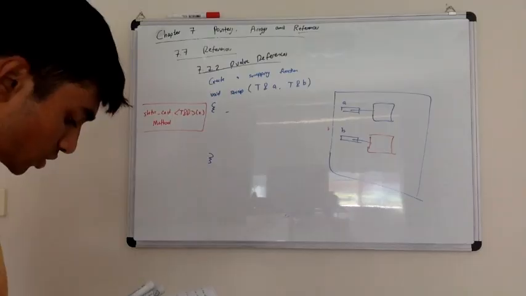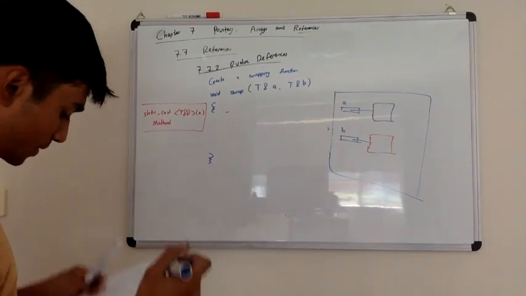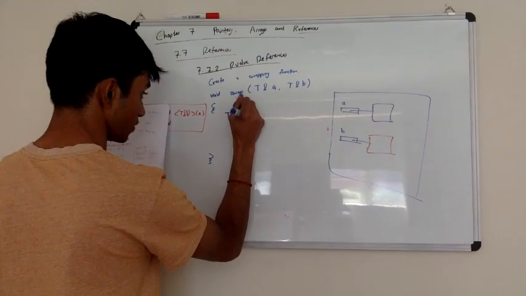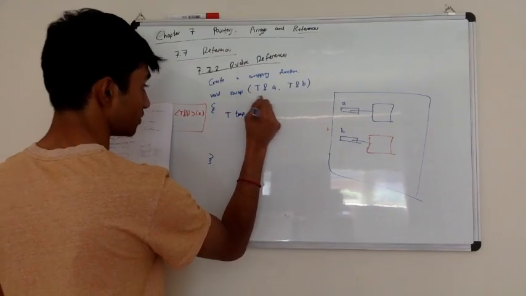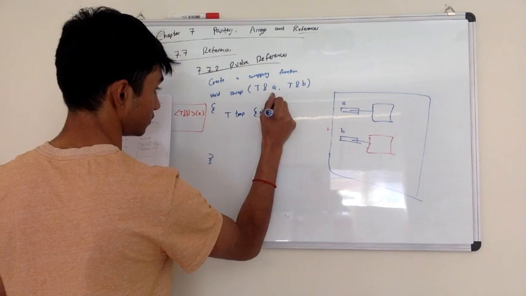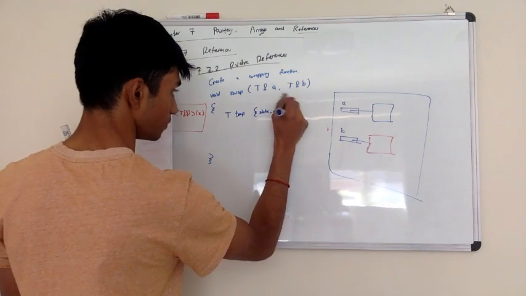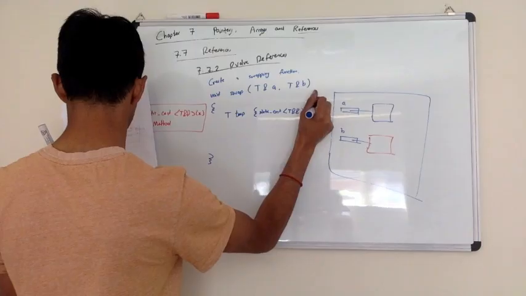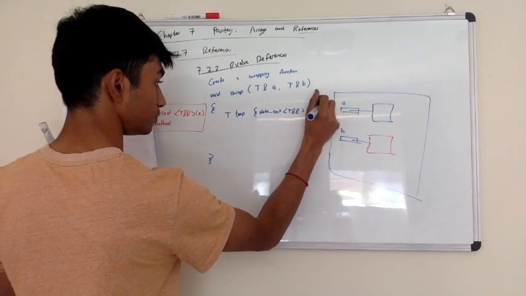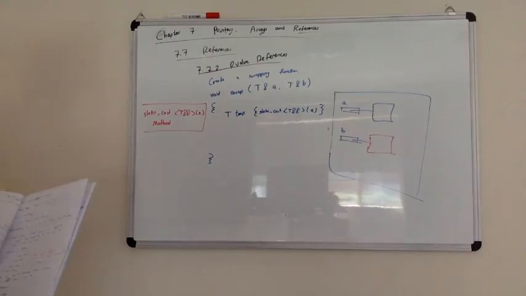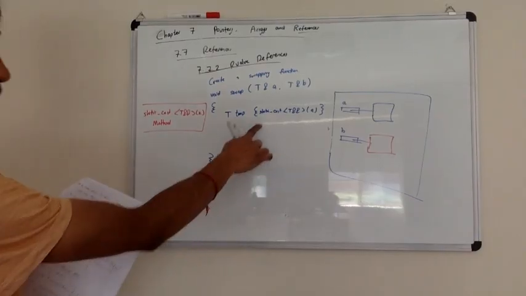Instead of 3 copy operations, what can we do? We begin by saying T of temp, very similar to before, but instead of initializing it immediately to A, we static cast with T ampersand of A. I'll explain what that means in a second.